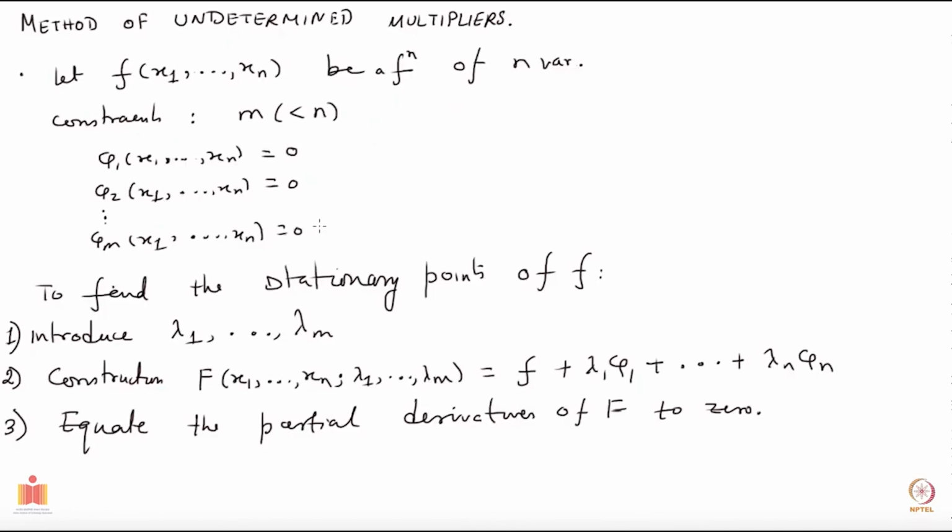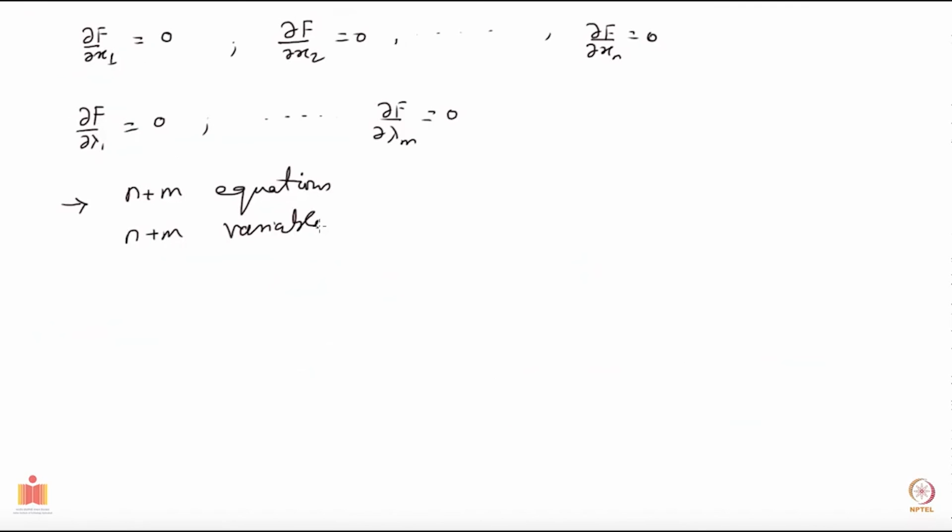So let's go back. Let's see what delta F over delta lambda i gives, putting lambda i generically. This gives you phi i. When I'm equating it to 0, this is the condition I had originally. So these are m equations, and I have phi i equal to 0 coming from here, which I anyway needed to solve.